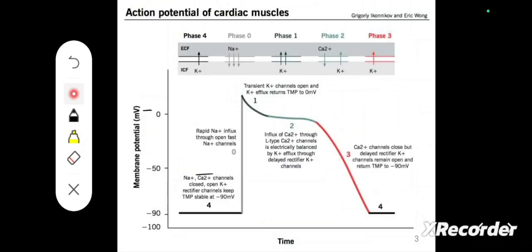Okay, next we are going to discuss what is the cardiac action potential. Normally for the activity of the heart there must be generation of an impulse, and this impulse is conducted through the conducting system for the contraction of the ventricle and finally pumping of blood.